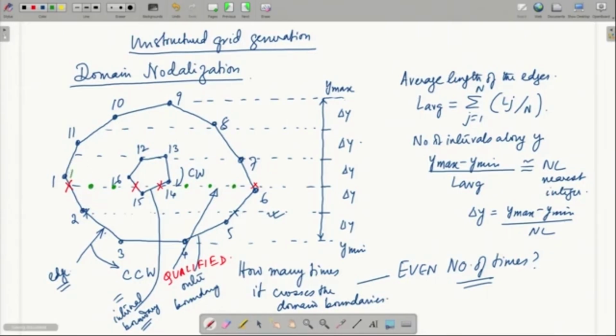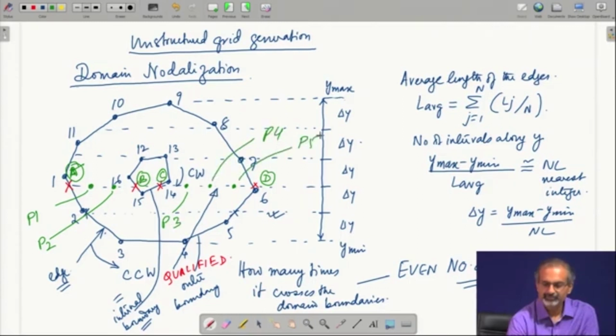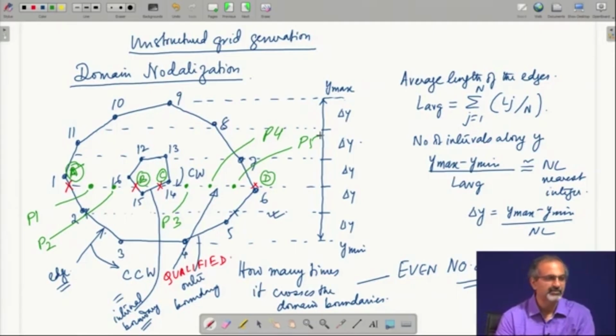If you call them A, B, C and D, the cross points, then you are incorporating new points P1, P2, P3, P4, P5. Those points are the new nodes that you have created along this horizontal line, which were not existing before.